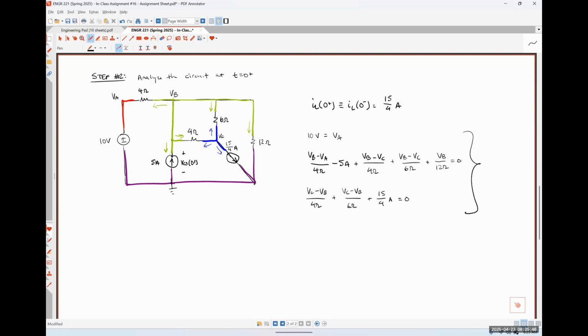And when I solved this system, assuming I did it correctly, I got VA to be 10 volts, VB to be 81 over 8, and VC to be 9 over 8.